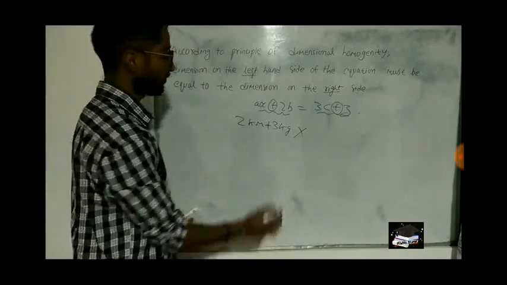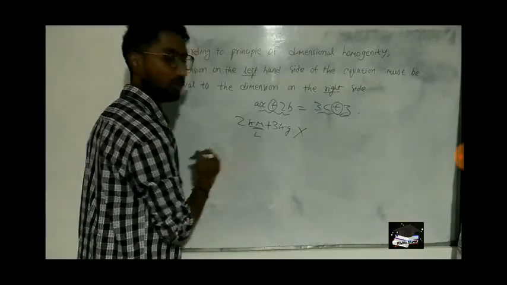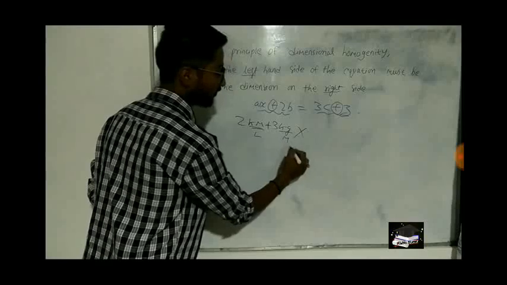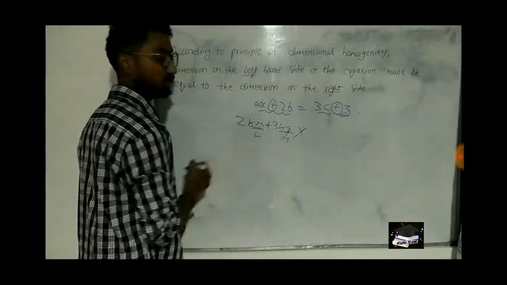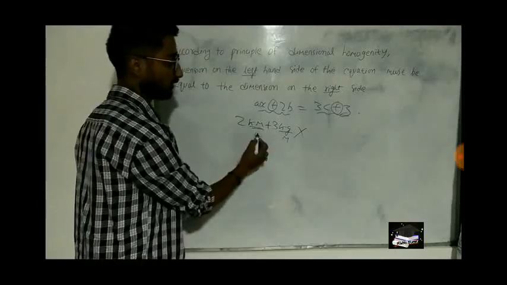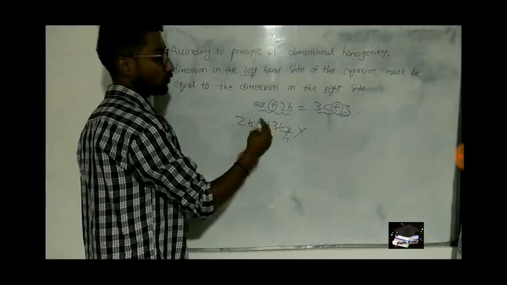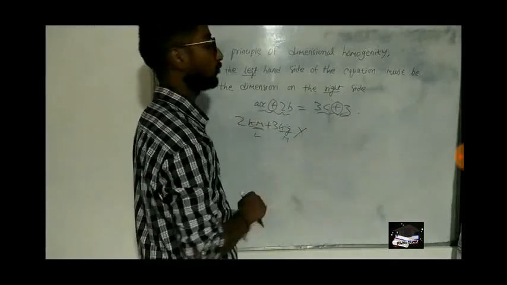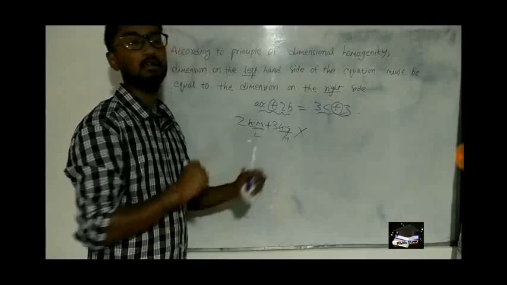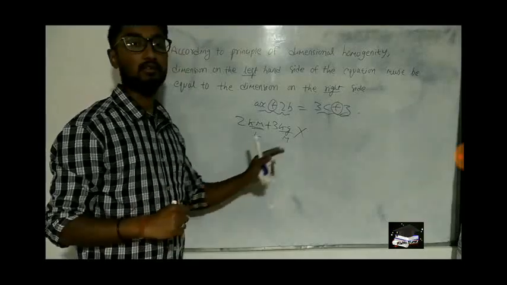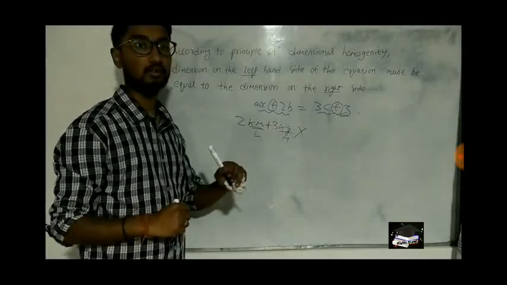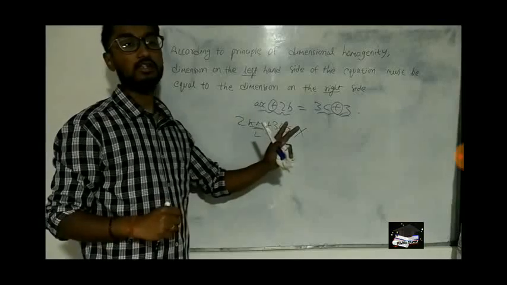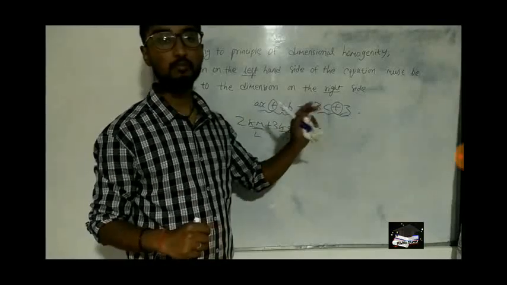Why? Because kilometer is for length, kilogram is for mass, and length and mass are different dimensional quantities, so we cannot add them. Can we add 2 second and 3 centimeter? No, we cannot add, because they have different dimensions. So only those quantities can be added or subtracted which have the same dimension.